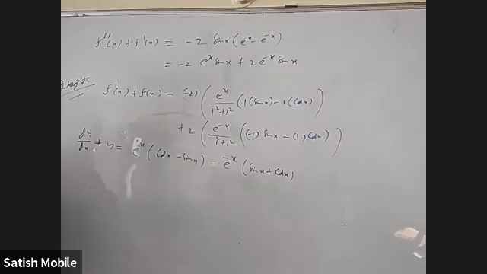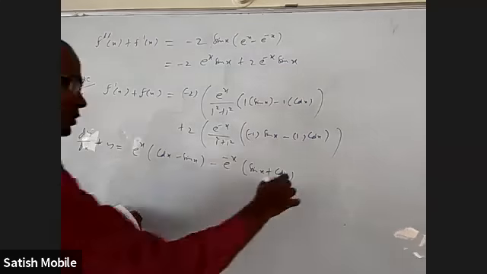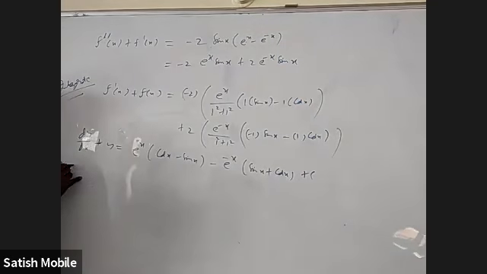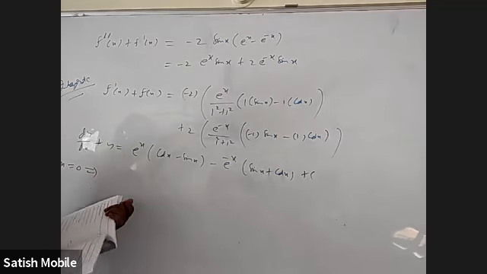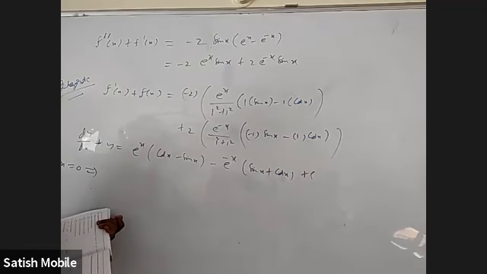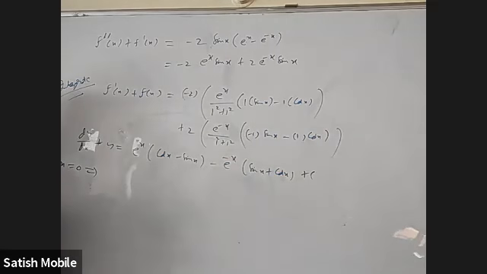Okay, so that is the first question. Plus c, of course. Plus c is also there. How to know c? You put x equal to 0. When you put x equal to 0, f of 0, I think yesterday we said f of 0 is minus 2, right? And f dash 0 is?